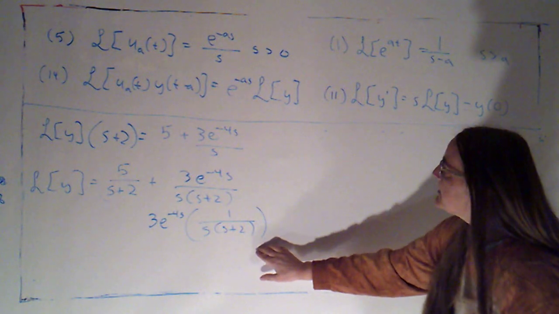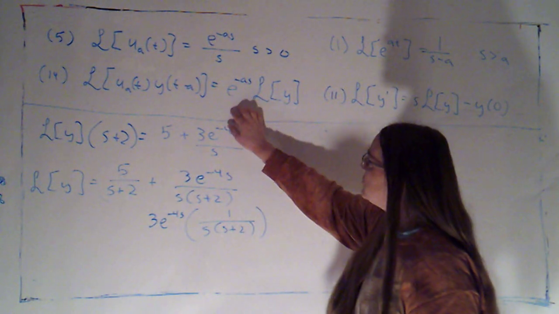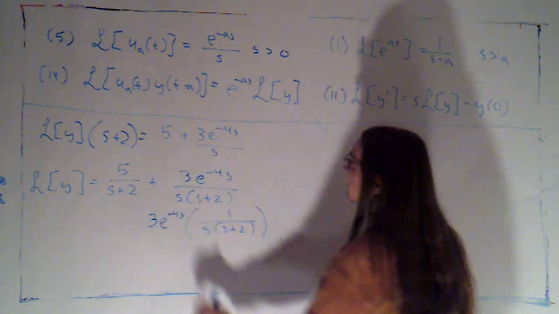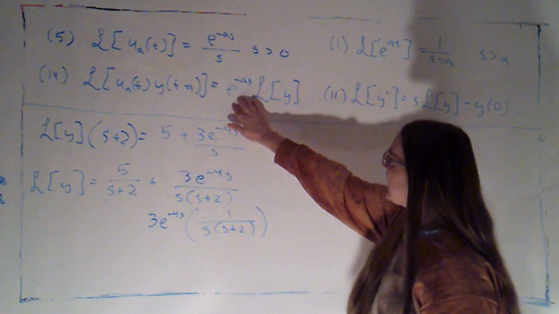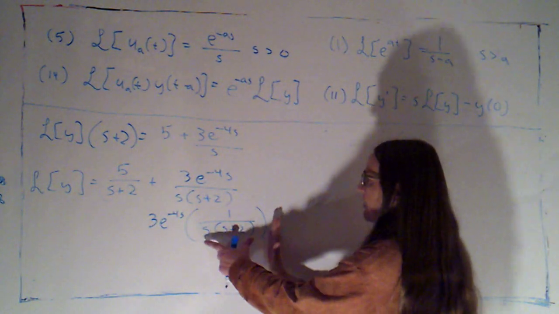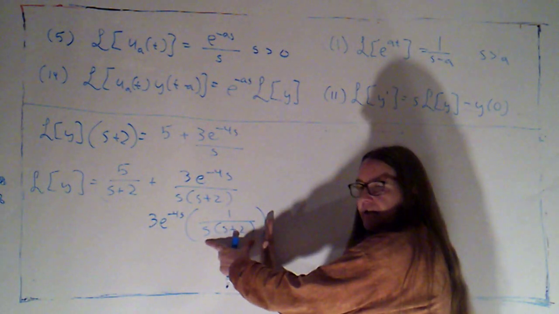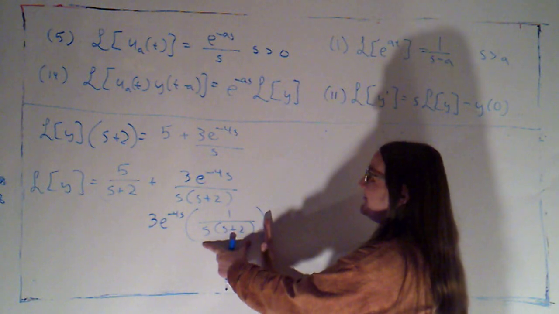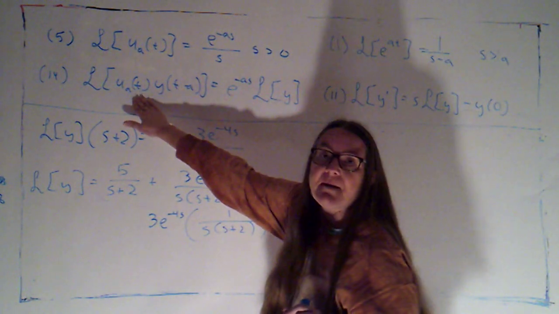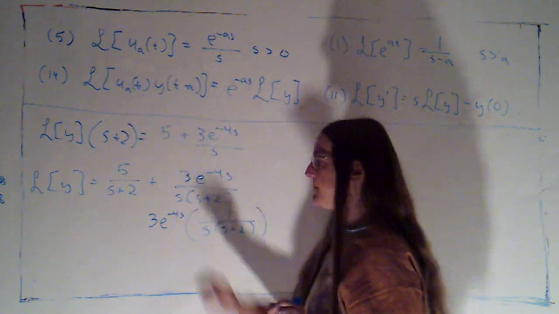Looks like that's going to be setting me up to use rule number 14. 3 is just a constant, but I'm multiplying something by e to the negative 4s, so I'm hoping this is the Laplace transform of something, and then that something I'm going to translate and multiply by the Heaviside function.